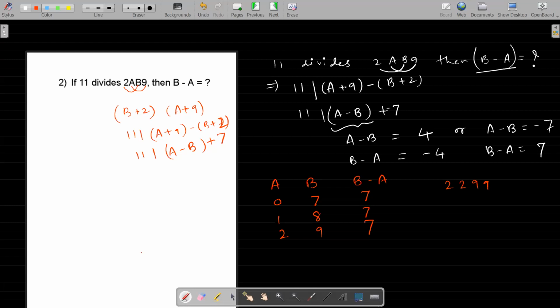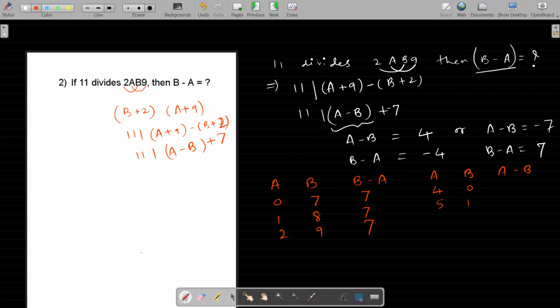As well as we get B minus A as minus 4. So let's try with B minus A as minus 4, or A minus B as 4, right? If A minus B is 4, B minus A is minus 4. So I can take this as 4, this as 0.